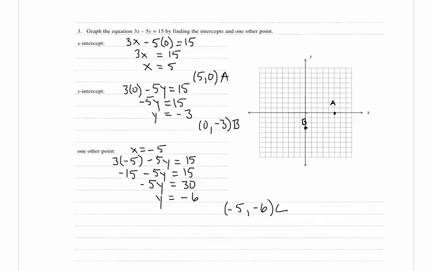So we're going to go 5 units to the left and 6 units down from the origin: 1, 2, 3, 4, 5, and 1, 2, 3, 4, 5, 6. So this is point C. And now we're going to graph our line. And that's all for this video on graphing lines by finding intercepts.